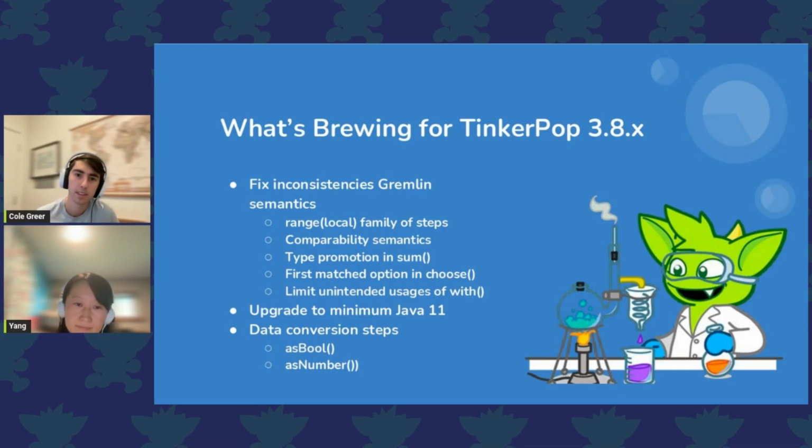And limiting unintended usages of with. Just the way the implementation is done in TinkerPop, there's a lot of steps that currently can take with modulation that aren't really intended to, and these tend to be steps that can mutate the graph. So this is stuff like addV, addE, property, mergeV, mergeE.